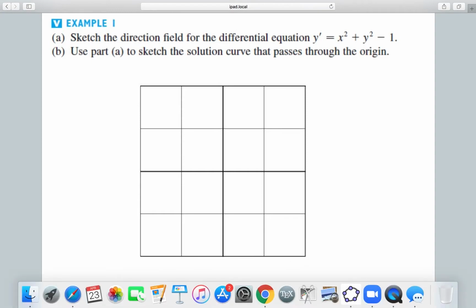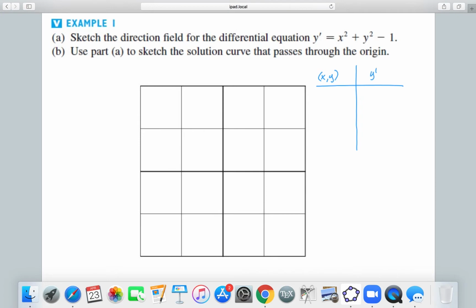I'm just going to do a few points, but let's look over here. So we'll do my xy coordinate, and then what does y prime come out to be?